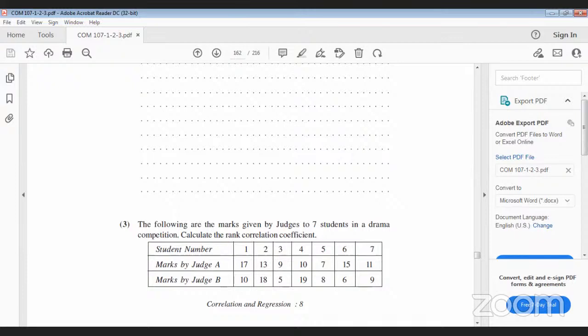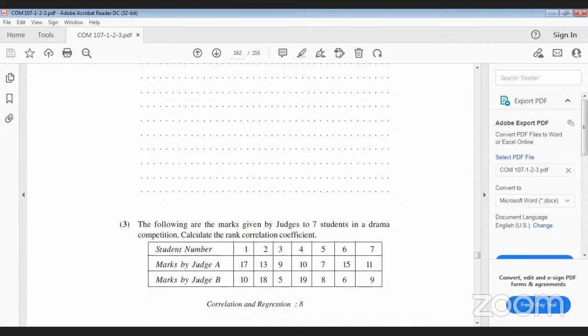Now we have to solve this problem. The answer is also given. We have to rank the numbers. For judge A, who has given 17, 13, 9, the highest number is 17, which has first rank. Then the second highest is 15, second rank.